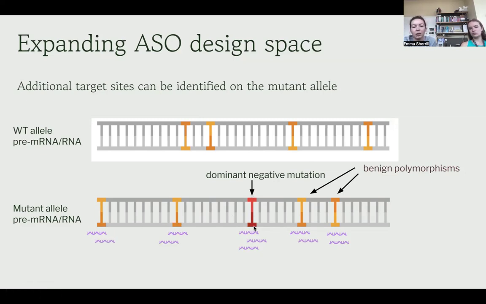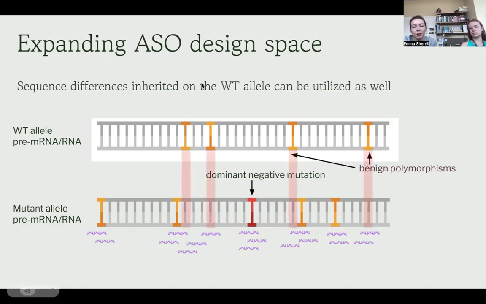Once we know that they are on the same allele and are heterozygous, not also on the wild type allele, we can design ASOs against those as well, which helps us to expand our search. We can also utilize the benign polymorphisms on the wild type allele by targeting the reference base at that site.